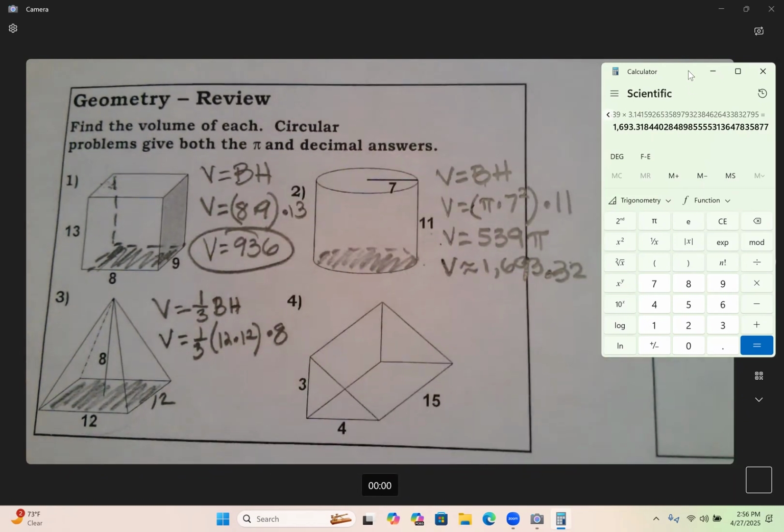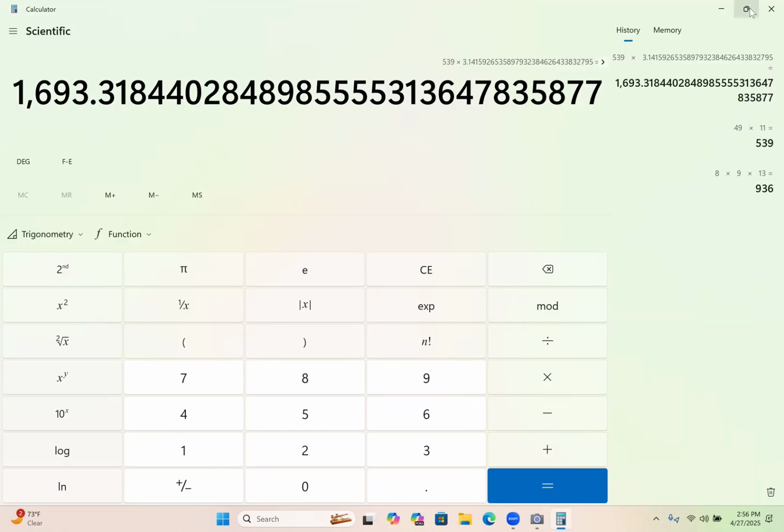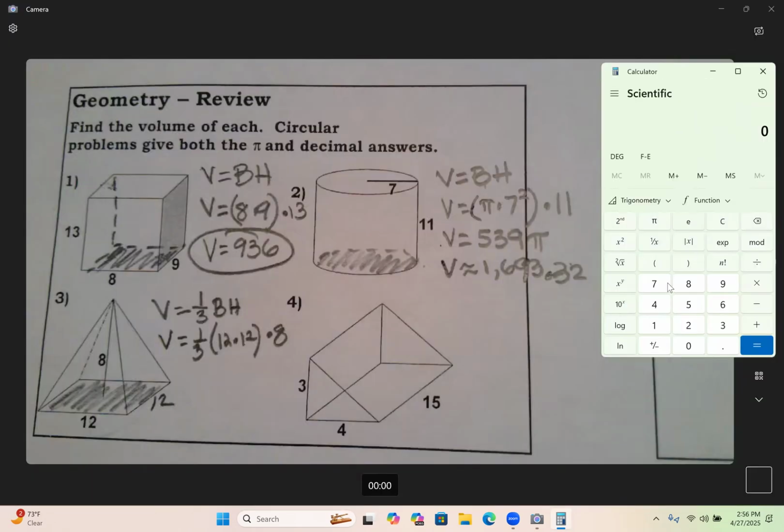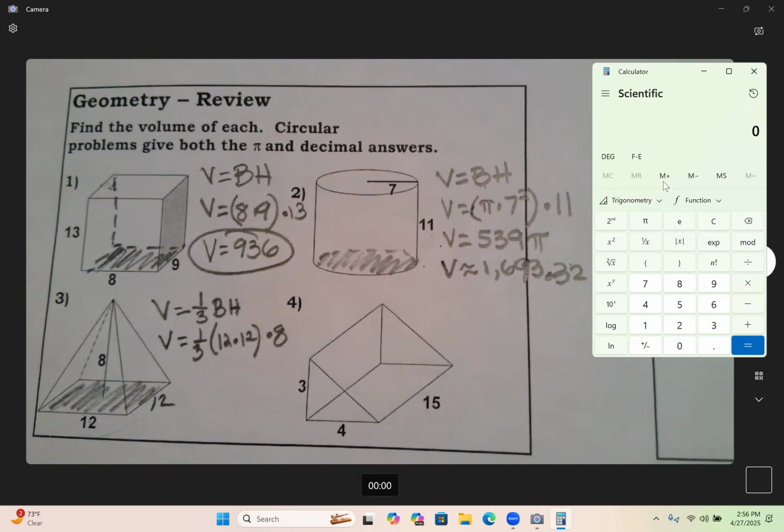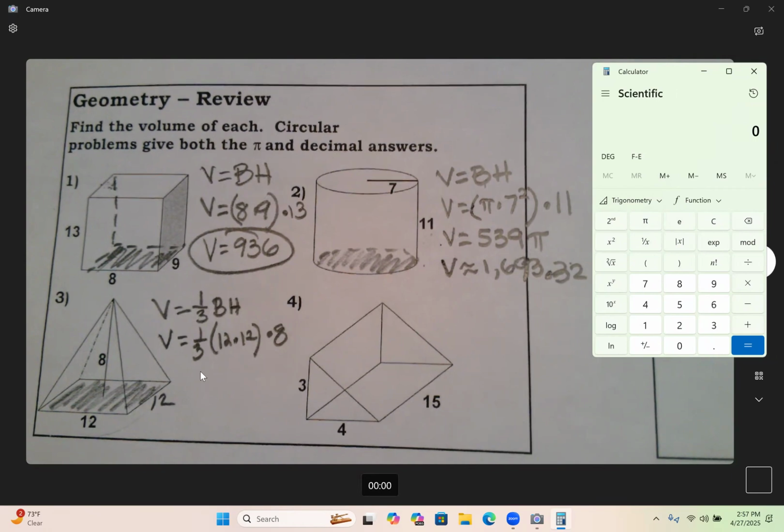Okay, so we're going to get our calculator and we are going to do 1/3. Now, the calculator I'm using on the screen is just the Windows calculator. It doesn't have a fraction key. You all do have a fraction key, so you could literally type 1 fraction key 3, then times 12 times 12 times 8. So what I'm going to do is 12 times 12 is 144, and then we're going to multiply it by 8.